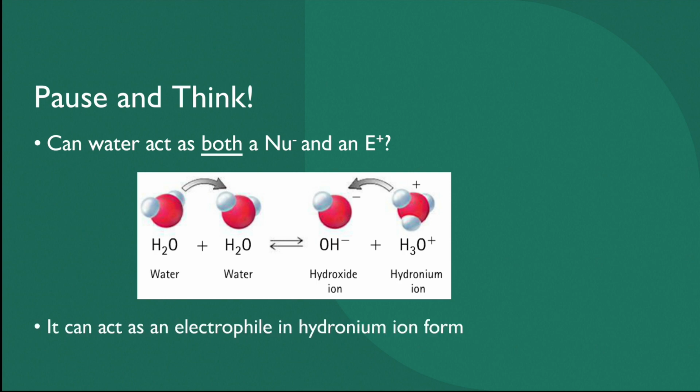Thus, water can also act as an electrophile. In conclusion, water can act as both electrophile and nucleophile, but the nucleophilic character of water is stronger than the electrophilic character due to the ready availability of lone pairs of electrons on the oxygen atom.